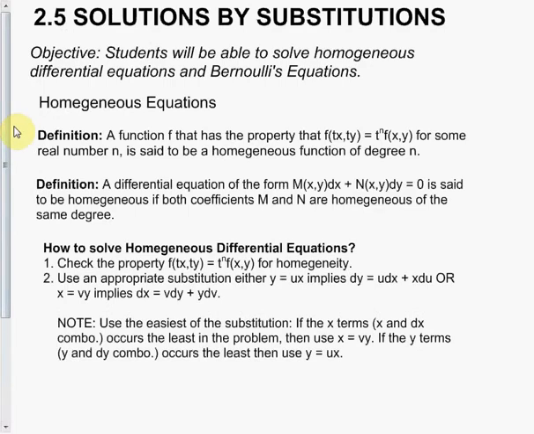Now, the definition for homogeneous equations is given here: a function f that has the property that f of tx comma ty, if that's equal to, if the t factors can all factor out, some t to the nth power times the original function f of xy. We say that the function f is said to be homogeneous of nth degree.